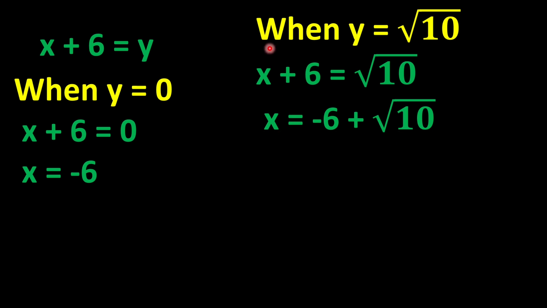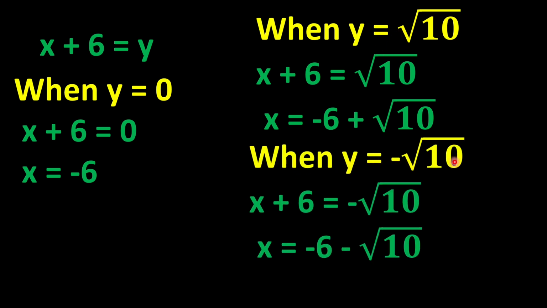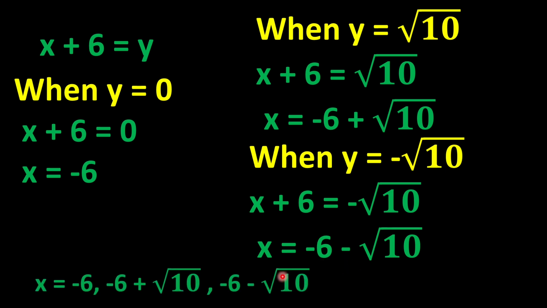And when y equal to minus under root 10, we have x equal to minus 6 minus under root 10. So overall we have three values of x: minus 6, minus 6 plus under root 10, and minus 6 minus under root 10. These are the solutions of the given question.